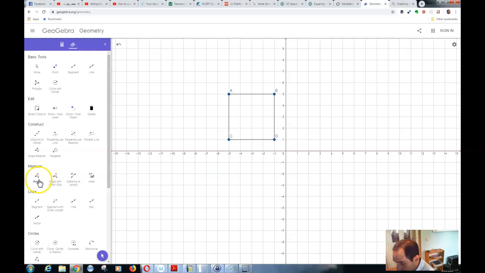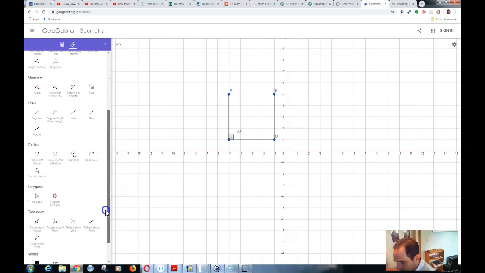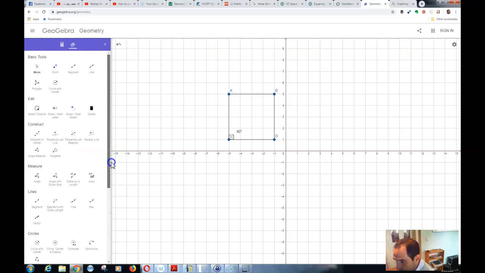So for example, to measure this angle, I suppose you can use this over here, and then you can move even the label, and you can see that this angle is 90 degrees. So that's how you work with the geometry part.